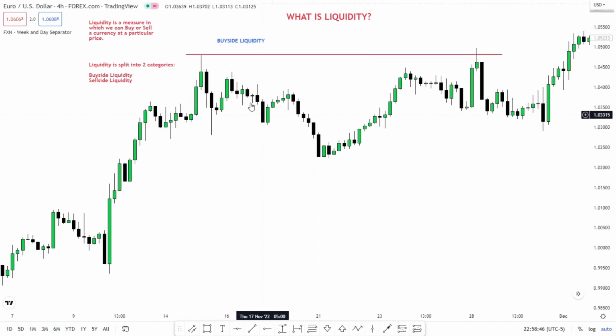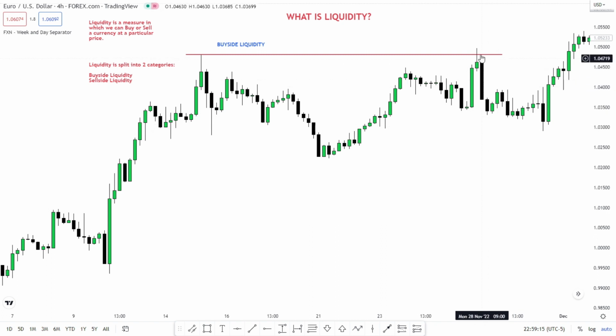For example, if you have a market that was initially dropping and then started rising higher, buy side liquidity is an old high. Above the old high, we have buy side liquidity. Essentially, we have stops that were placed there by some traders, and the market will seek to take them out and then sell.